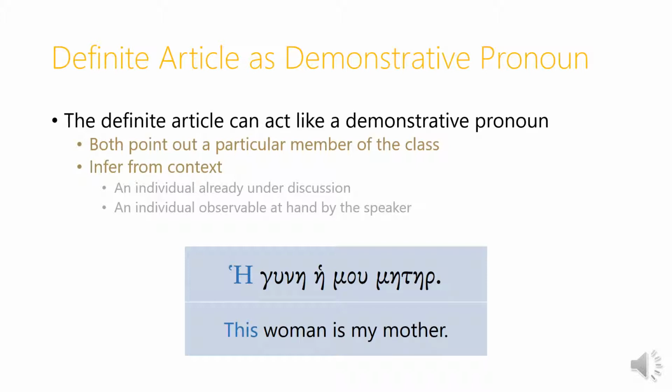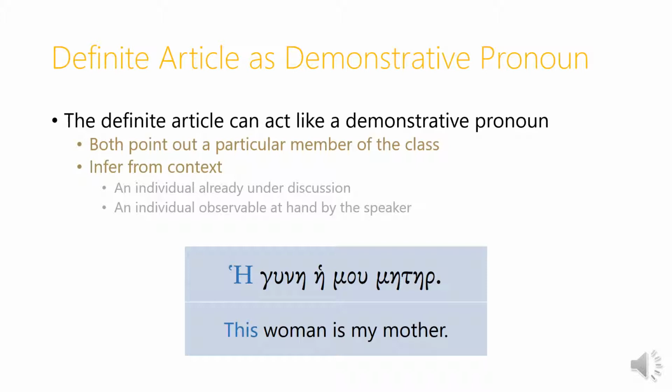And sometimes, even if something hasn't been discussed earlier, if the individual under discussion is observable at hand by the speaker, it's right there, then in English we would sometimes better translate the definite article with this. So either it means this because we've been discussing it already, or it means this because it's the one right here in front of me.